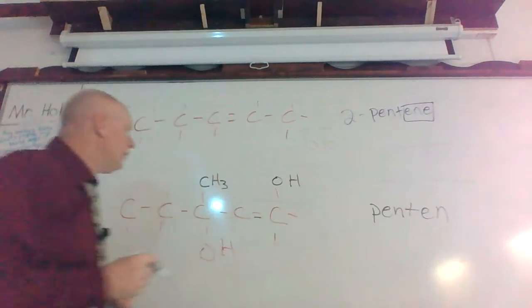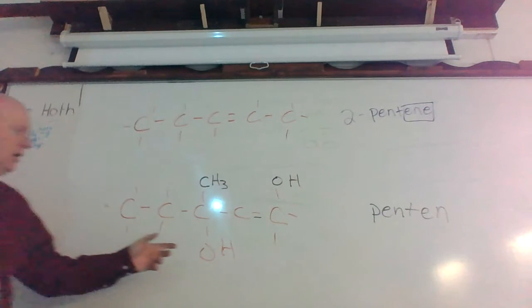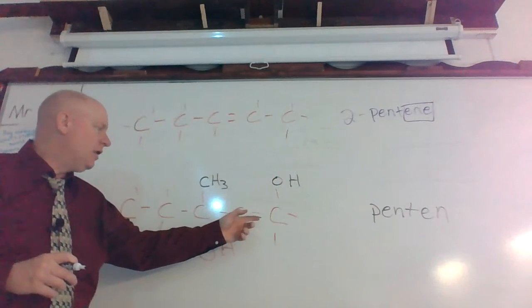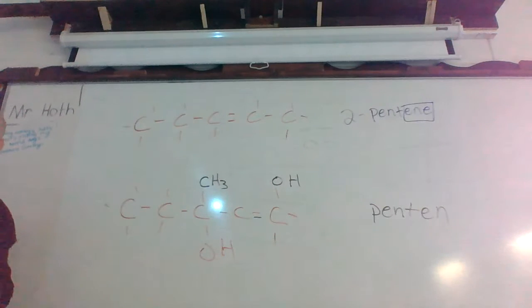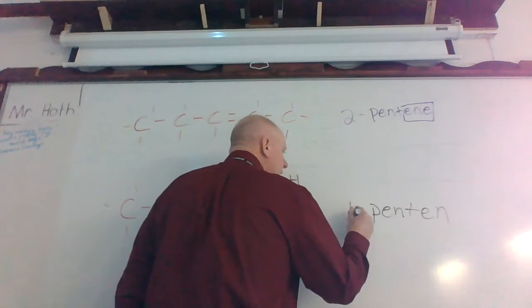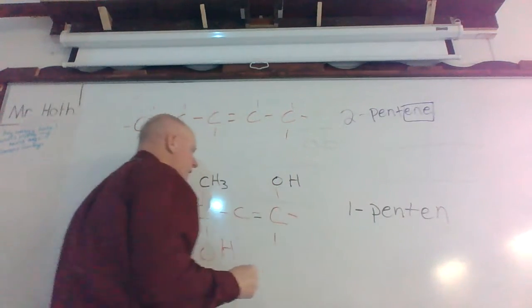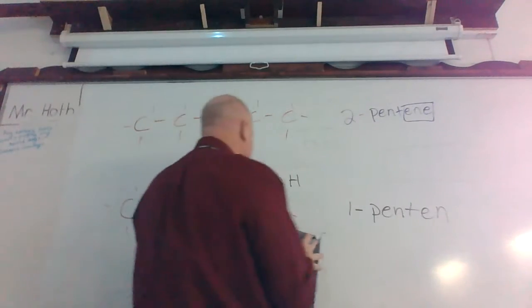All right. So what happens with this is, well, what happens when you have OH groups on a double bonded carbon with an alkane derivative or alkyl derivative? Okay. Well, what we would have to do is we can't do this. Or no, sorry, I didn't do that.